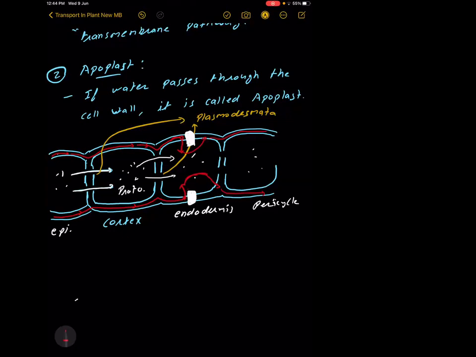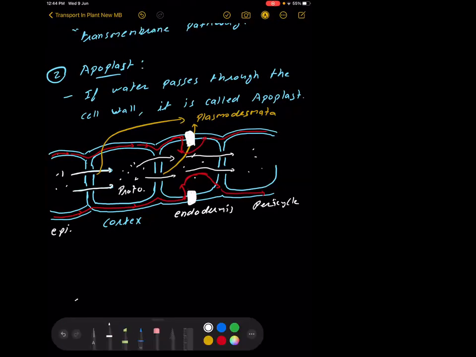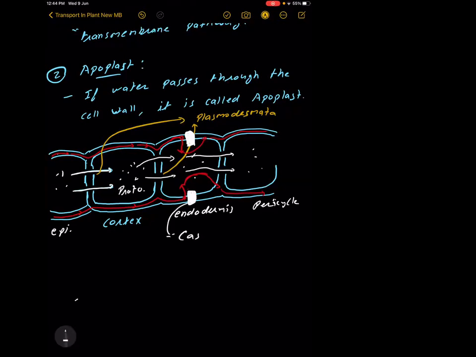So this amount shows symplast. This white structure, just a minute, I will show you, is plasmodesmata.